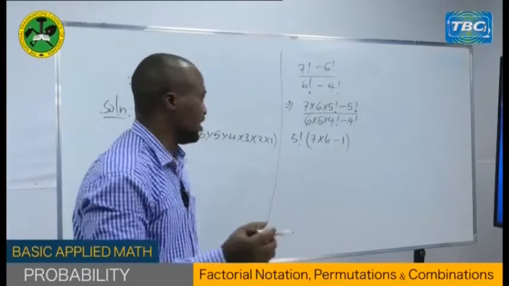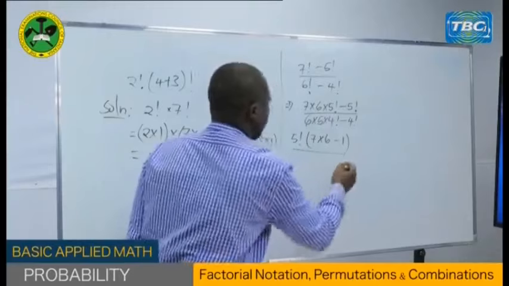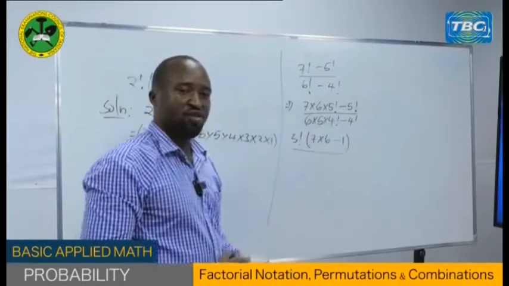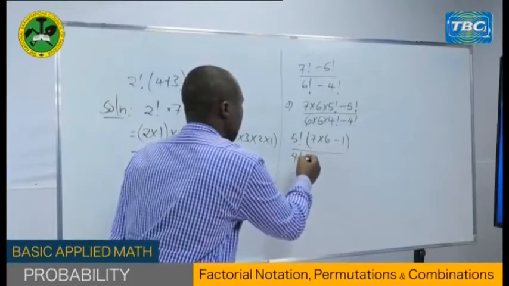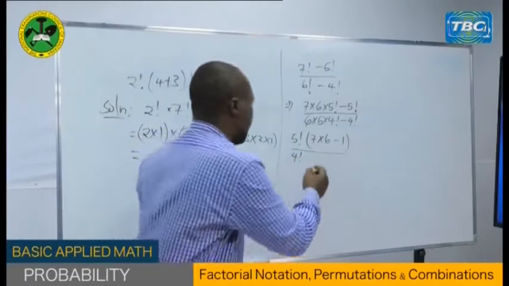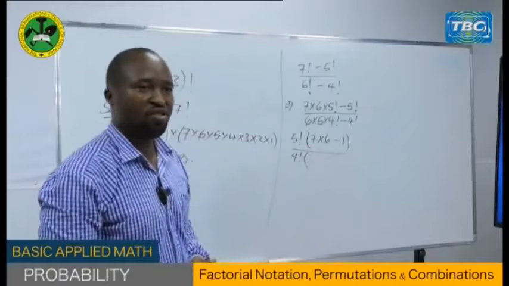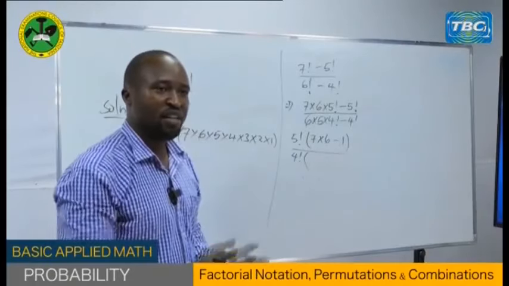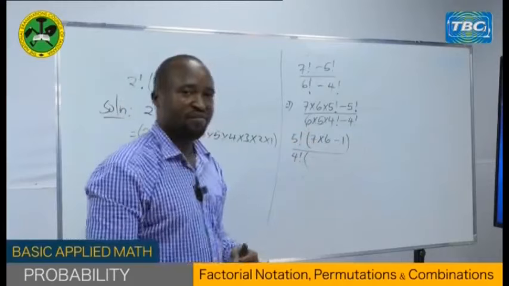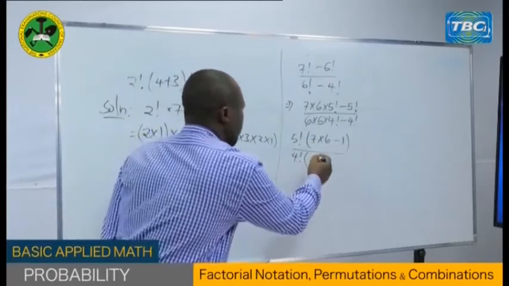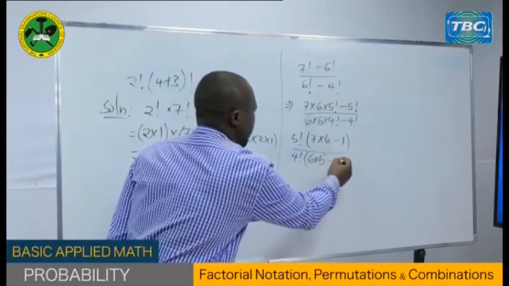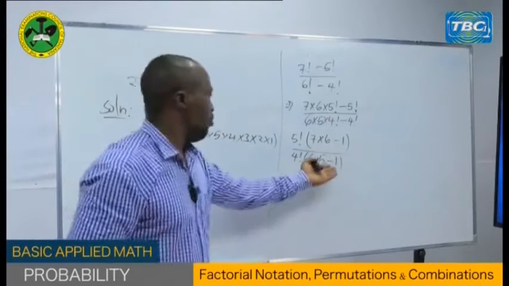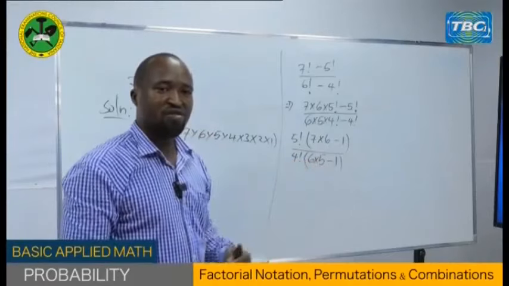For the denominator side, what is common is 4 factorial, so you can write 4 factorial out of the bracket. What will remain here? You can see we are going to have 6 times 5 minus 1. Why 1? Because 4 factorial is out of the bracket.